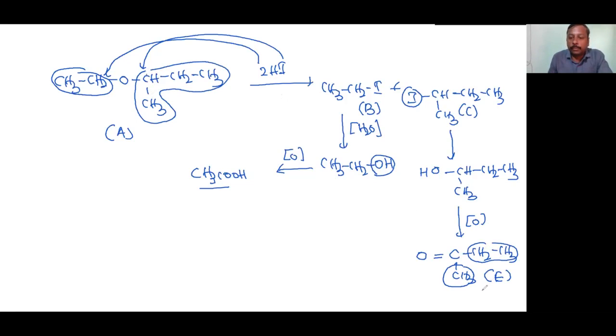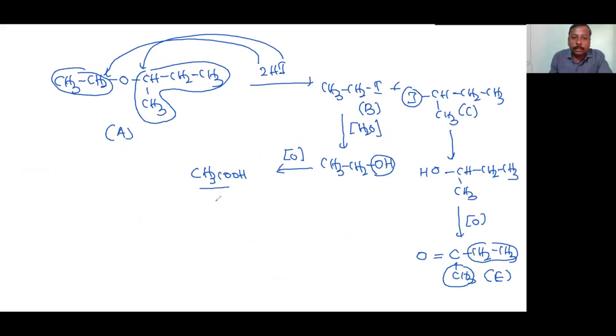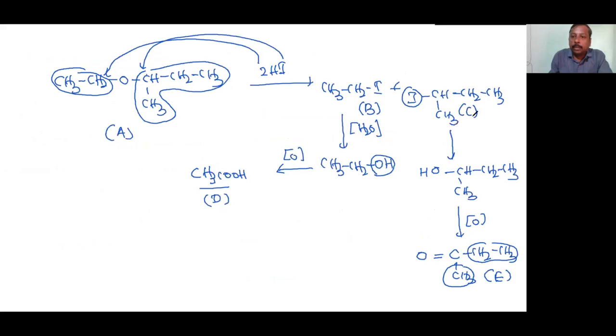I will show the question once again. See, this was the question: an ether having molecular formula C6H14O. The main condition is that B is giving acid, which is called D. That means our D is acetic acid. And C gives a mixed ketone E. So this is the mixed ketone E. What is C here? This one. What is B here? This one.